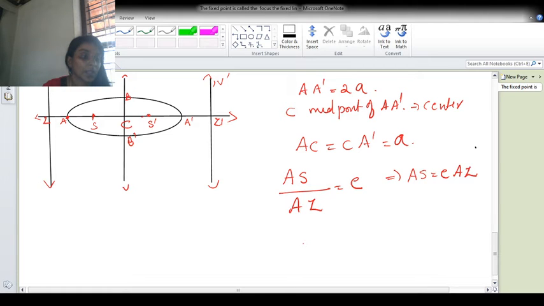So next, AS. What is AS? AS is the distance between the fixed point and A. AS can be written as AC minus SC. AC is this full line segment, minus this segment SC is AS.